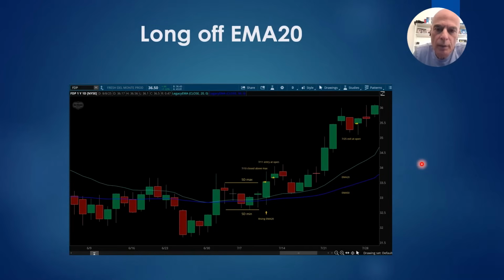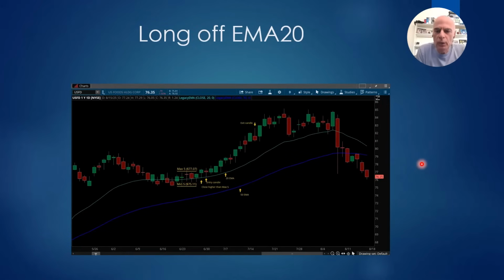Let's see. This is another example of when the strategy works perfectly. Again, we have an upward sloping EMA 20. We have a tight range. On this particular day, we have a closing outside this range. We go long at the open of the next day.